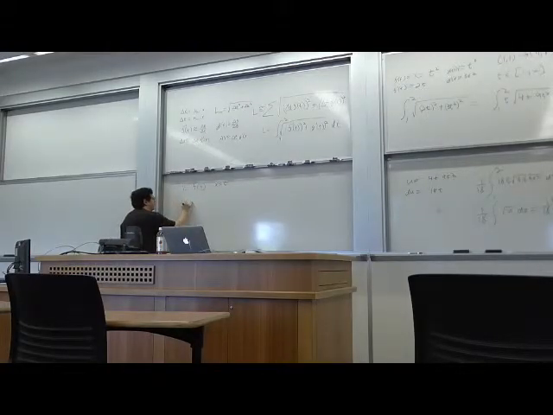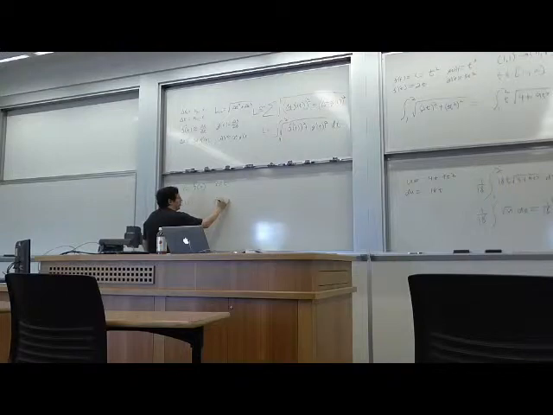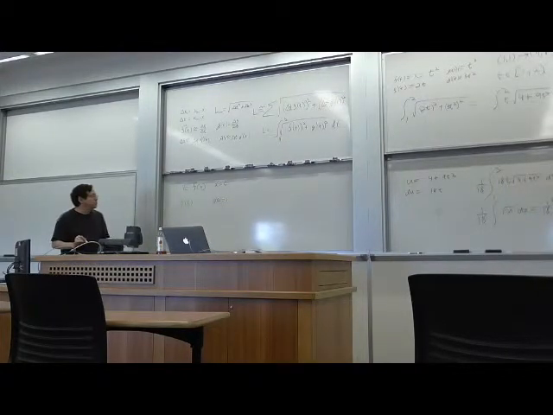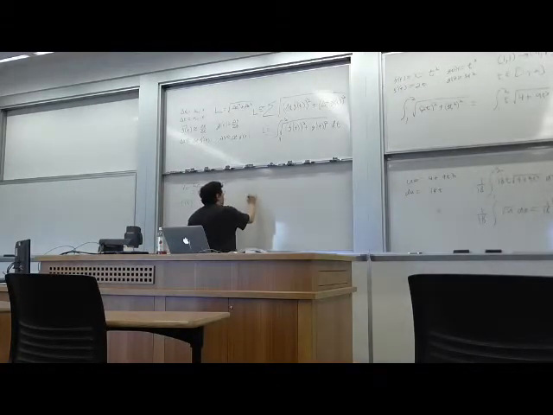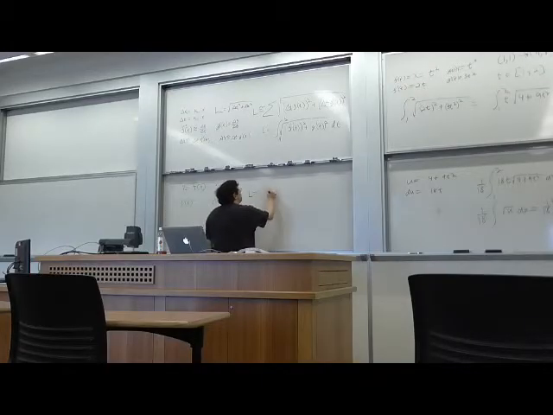So f prime of x is just my derivative with respect to y. But with g, my g prime of x just becomes 1. So if all I have is something like this, my length formula gets a little simpler.